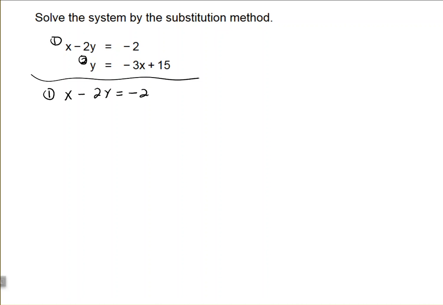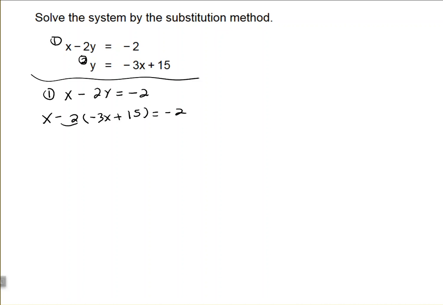So I can replace the y with negative 3x plus 15. So instead of negative 2 times y, I have negative 2 times negative 3x plus 15. And again, the reason we want to do that is so we would have only one variable in the equation that we can solve for.